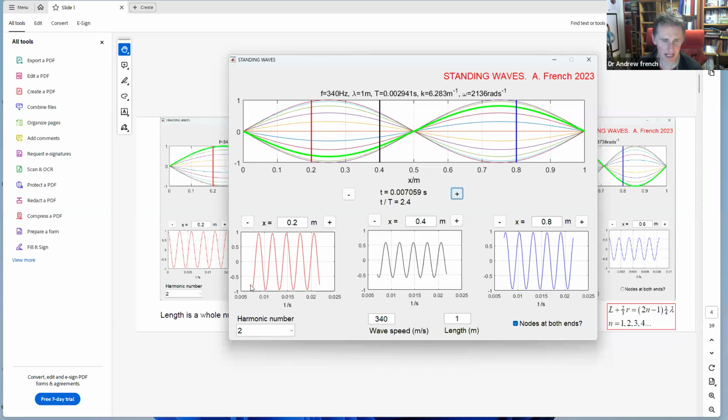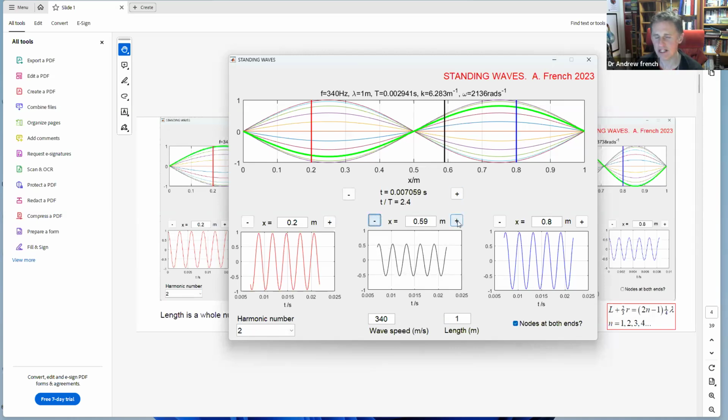So I'm nearly at the bottom, and then this is how that spot would vary in time, going forwards and backwards. And what you can see, as I get closer towards the node here, the amplitude will decrease. So if I move the black one, for example, my amplitude is getting smaller, but of course my period is exactly the same. And there we are, that's almost 0, and then it gets bigger again. Okay, so we can see the time variation.